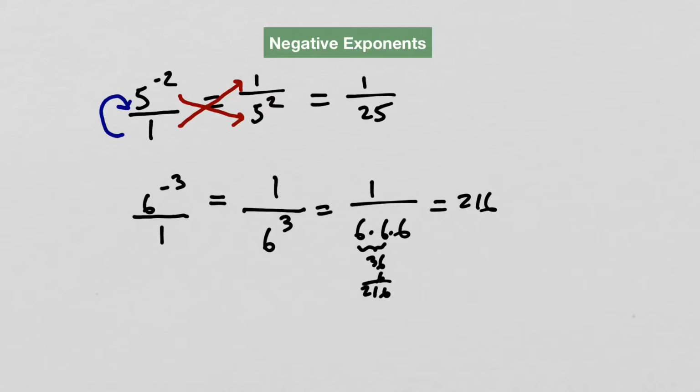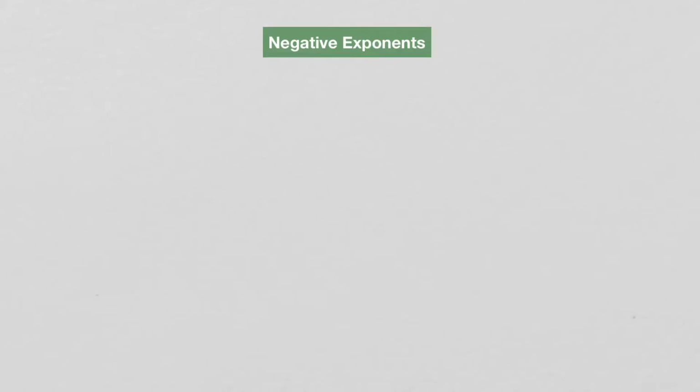Okay, so let's take a look at another example. What happens if it's the other way around? What I mean by that? What happens if you've got this? 1 over x to the negative 2. Okay, well, we follow the same rule.